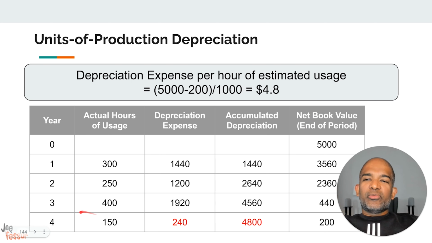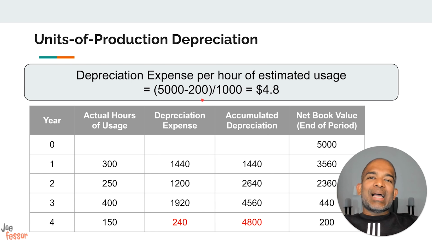If we continue for year 4, the equipment was used for 150 hours. 150 multiplied by 4.8 is 720. If we use the depreciation expense of 720 here, the net book value at the beginning of year 4 was $440, so a depreciation expense of $720 wouldn't make sense.